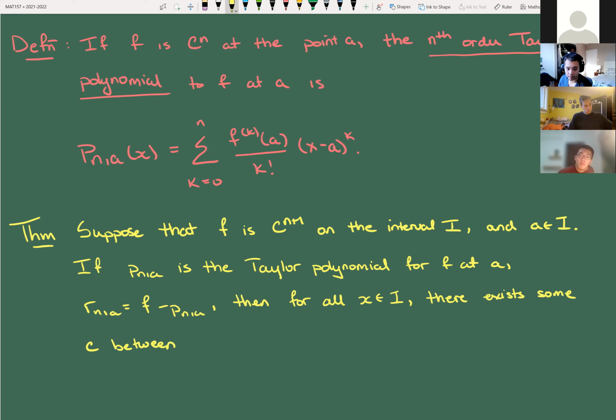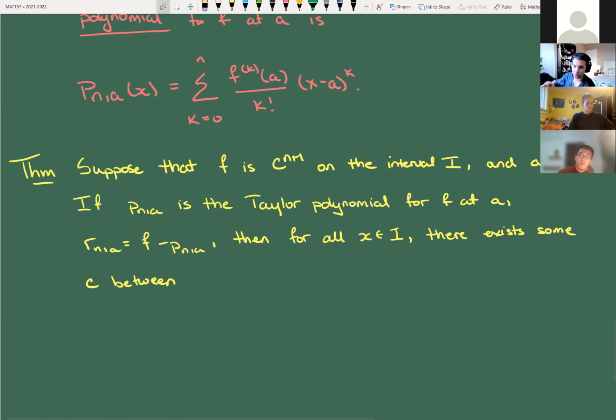Feels like a mean value theorem statement, right? And I can't use inequalities because I don't know where x occurs. I don't know if it's to the right of a. I don't know if it's to the left of a. But what I do know is that it's in the interval I. So c is between a and x, wherever we put it.